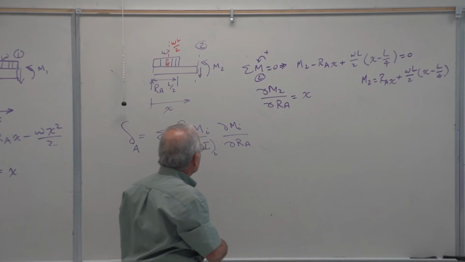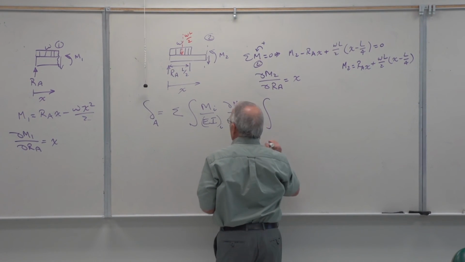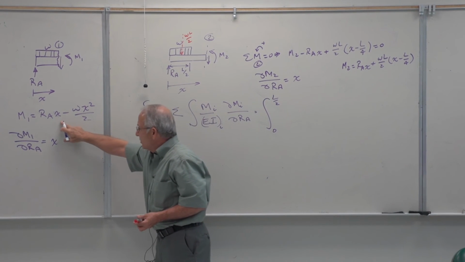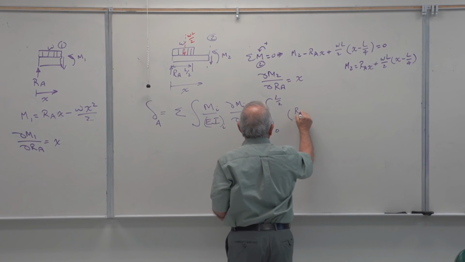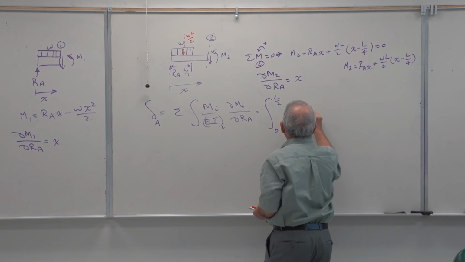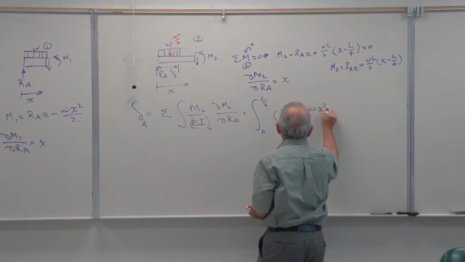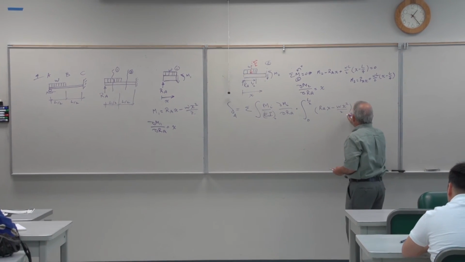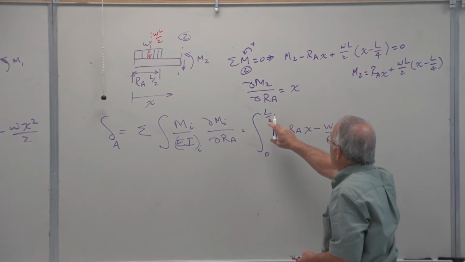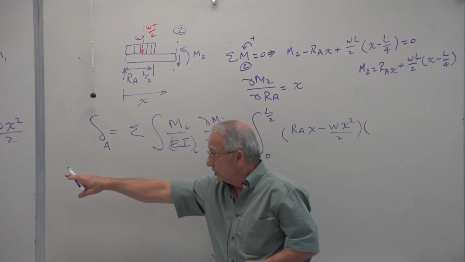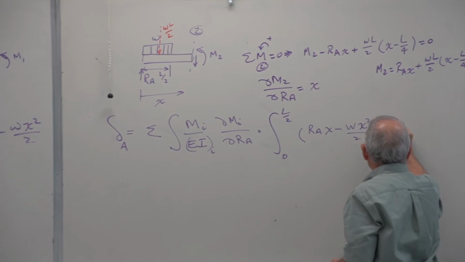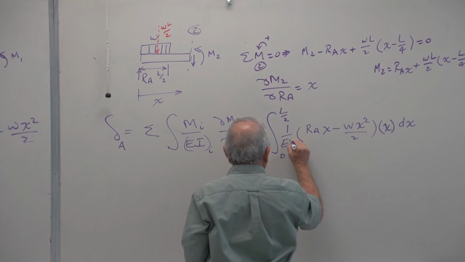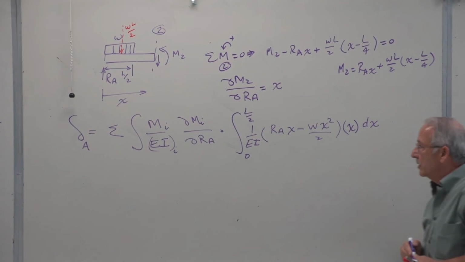So this will be equal to the integral from 0 to L over 2. First M is this, RAx minus wx squared over 2 times the partial of M1 with respect to RA, which is x, dx. And I'll put the 1 over EI here in front.